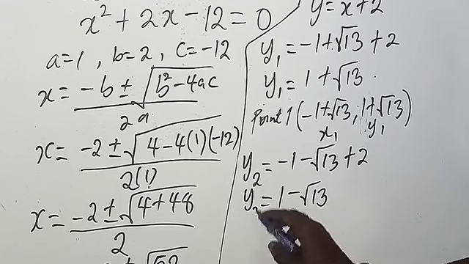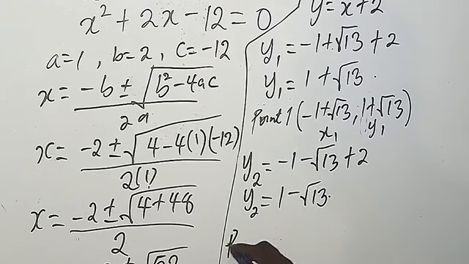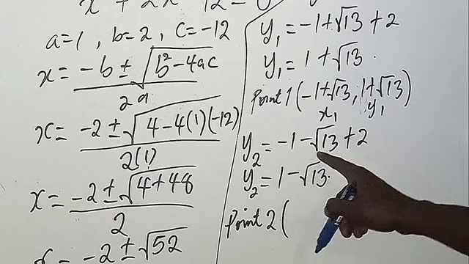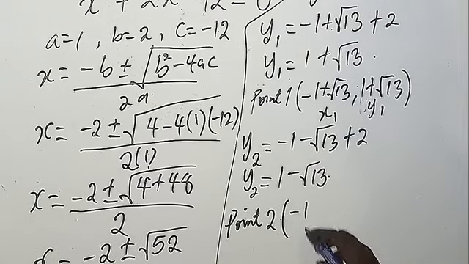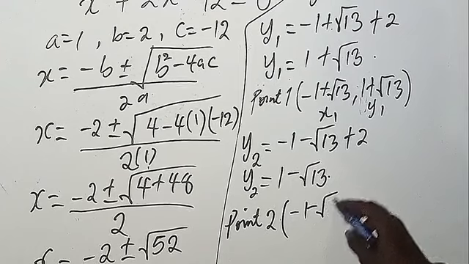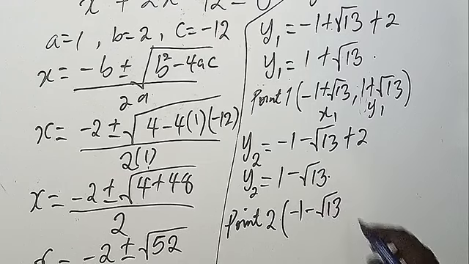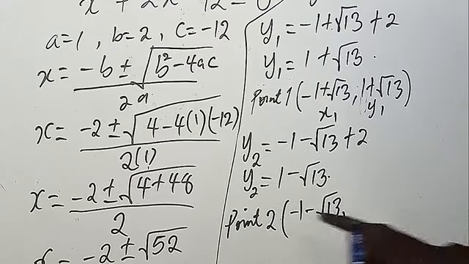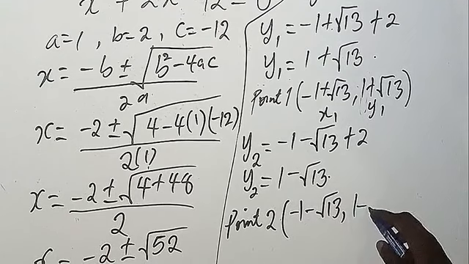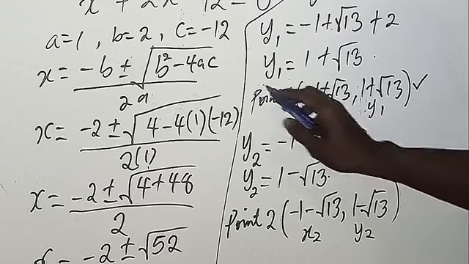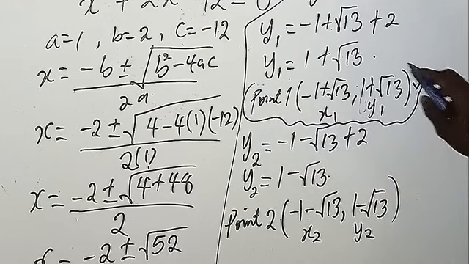So y2 is this. The second point is x2 equals minus 1 minus root 13, then comma y2, that is 1 minus root 13. So these are the 2 points we are going to have.